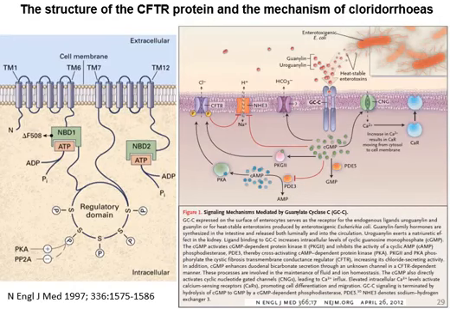Here you can see the structure of CFTR protein, which is an important regulatory factor of chloride permeability. There are at least 1,200 or 1,500 mutations which will influence the structure, post-translational modification, function, and lifespan of the protein.